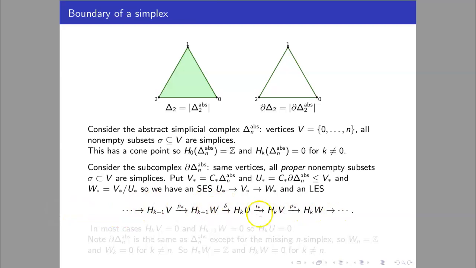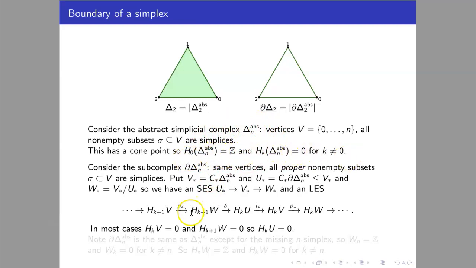We've got the middle bit here, the homology of U, homology of V, homology of W, and then you've got this delta that goes from H_{k+1}W to H_kU. Remember that the homology of V is the homology of the full n simplex, and as we said, that's mostly 0.